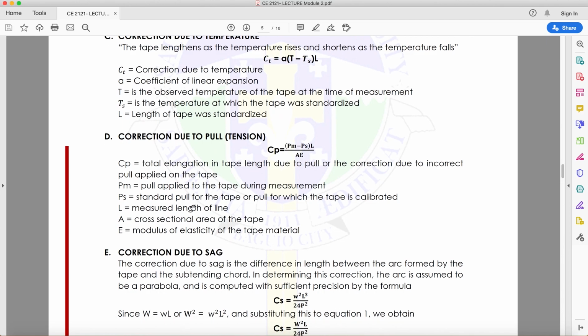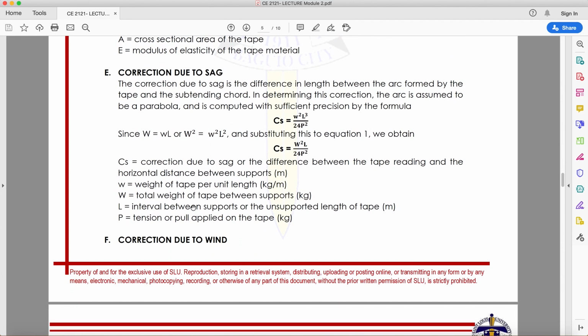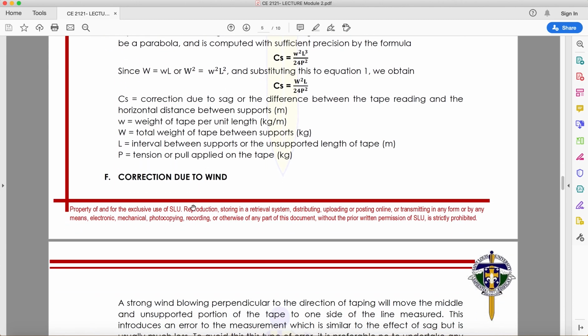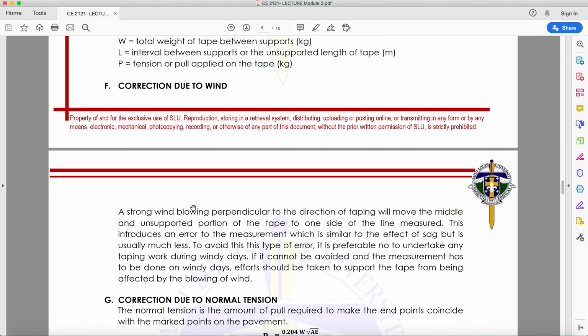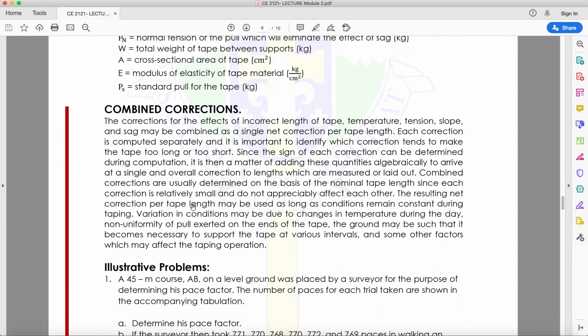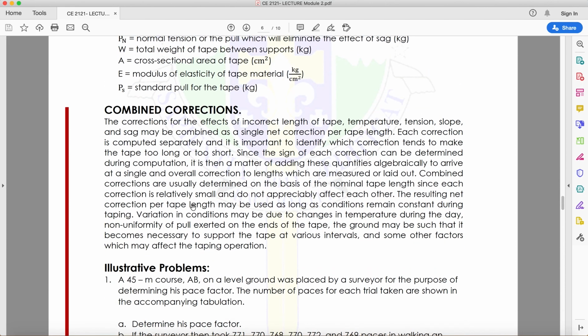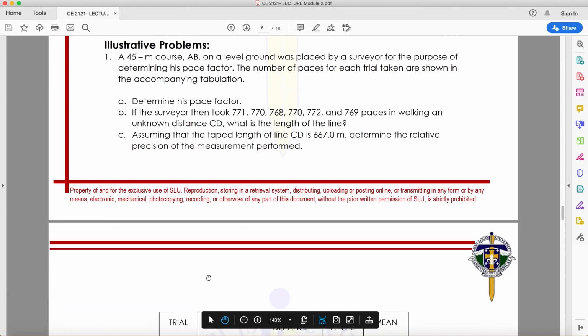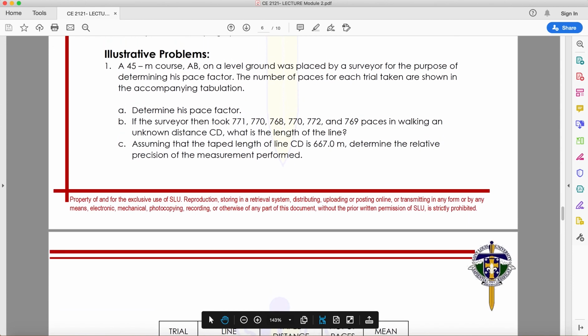So what I am trying to imply is it is not possible to have only one correction; there may be a combination of corrections, but what's important here is you compute them individually. Okay? You treat them as individual corrections. Okay? So let's now try our problem. So we solve this handwritten.